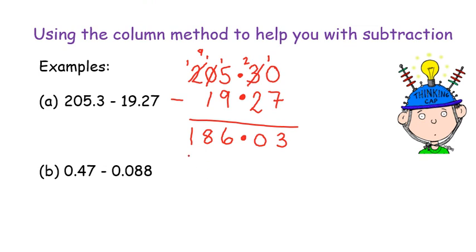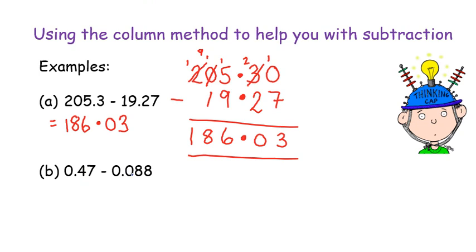So in the end there, we ended up with 186.03. I'm going to make that final answer clearer underneath the question. Okay. In the next example, we have 0.47, take away 0.088. The larger number is 0.47 here.